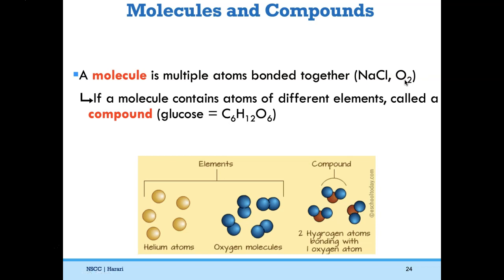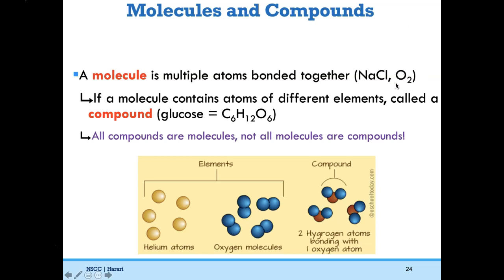If a molecule contains atoms of different elements, we call it a compound. So for example, glucose has carbon, hydrogen, and oxygen. So it's not only a molecule, it's a compound. Whereas a molecule that's not a compound would be like oxygen. Right? Oxygen is a pure molecule because it's only made of one type of element, only oxygen.